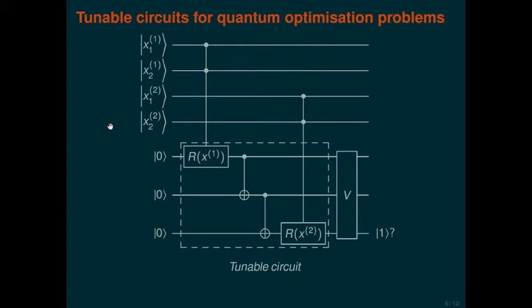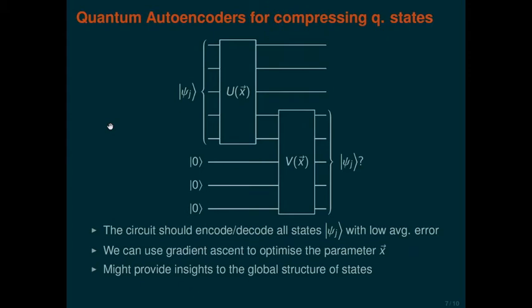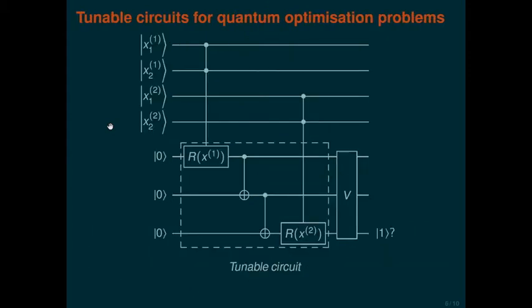And in our algorithm, we needed to input these values classically. So the idea here is that the objective function which I want to maximize is the probability of measuring 1 here on the outcome. And this probability depends on the parameters of the circuit, which now I input in a quantum way.